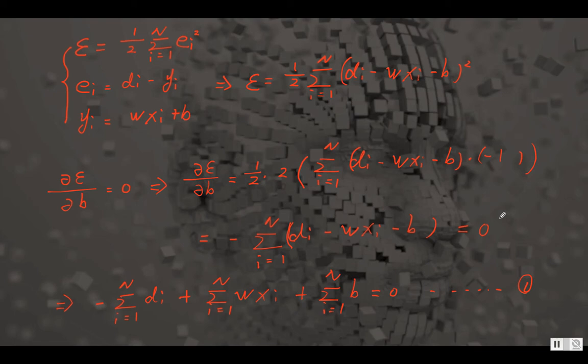Now let's take a close look at equation 1. Here's minus summation i equal to 1 to n of di, plus summation i from 1 to n of w xi, and then plus summation i equal to 1 to n of b, equal to 0.